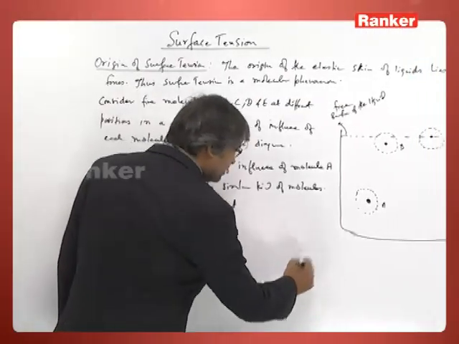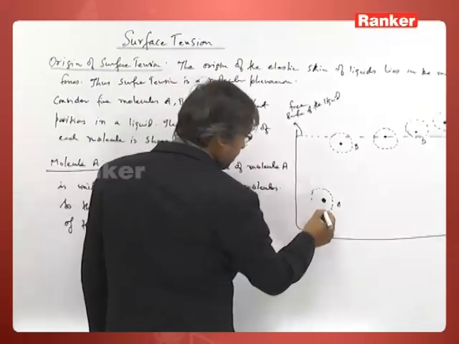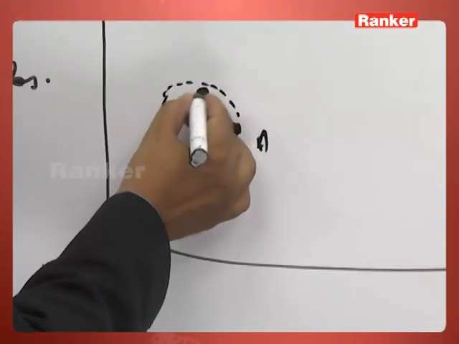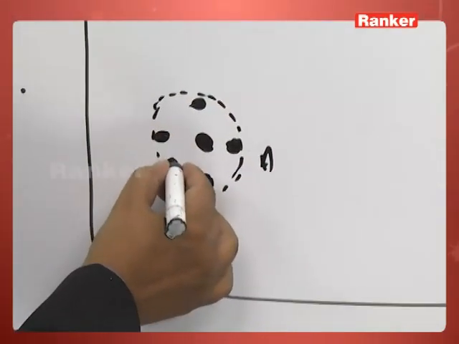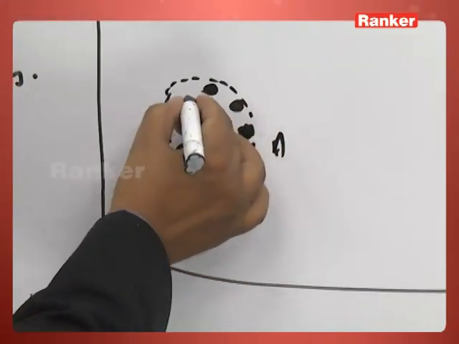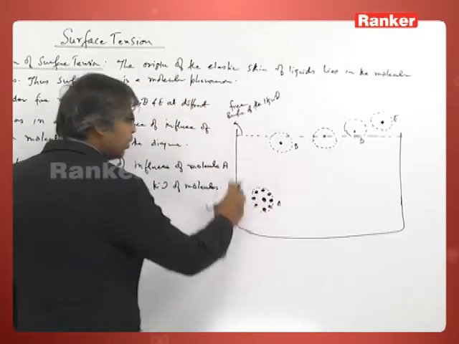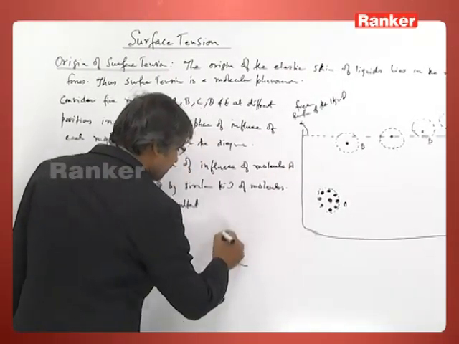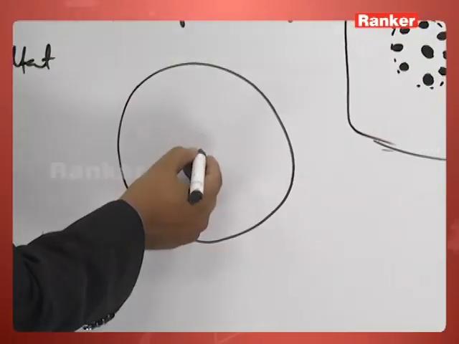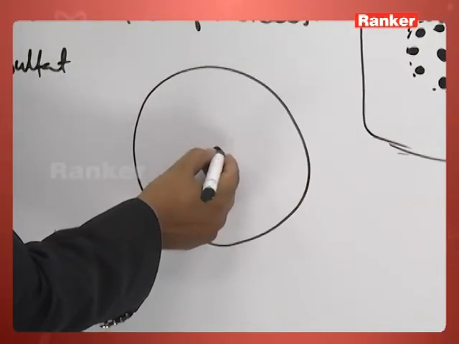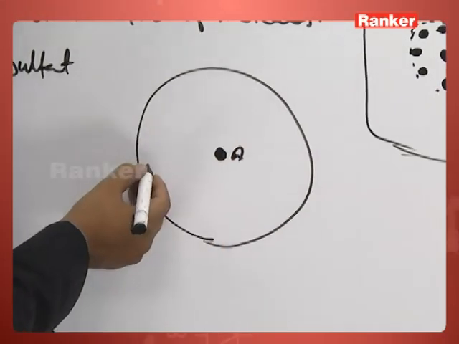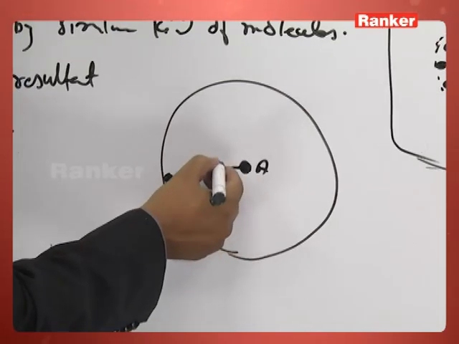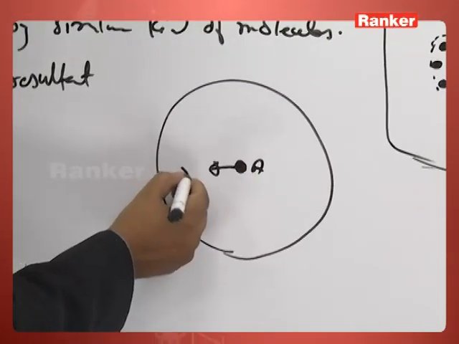So, you see here, we have other molecules from all sides which uniformly populate it. So, you see the sphere is uniformly populated from all directions. Let us magnify this case to understand this. So, this is our molecule at A. Now you see this molecule here pulls this and this also pulls this.